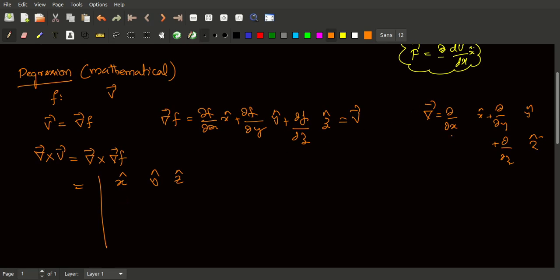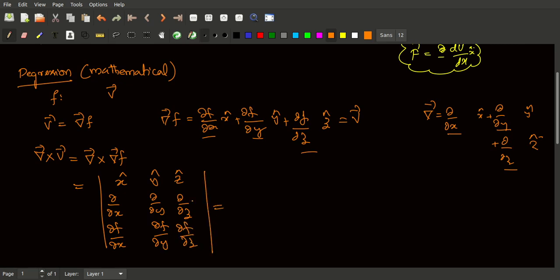So in the determinant you write del upon del x, del upon del y, del upon del z, and from v you write del f upon del x, del f upon del y, del f upon del z. Now I'm opening the determinant. I'm doing it only for x cap, and I will show you how it vanishes. In a similar way, y cap and z cap also will vanish.